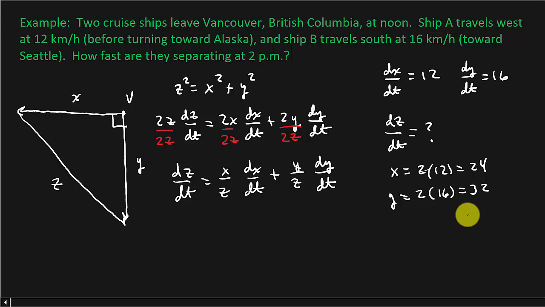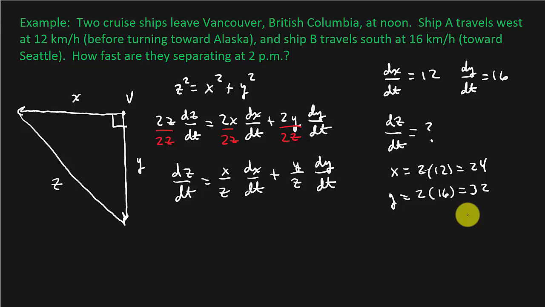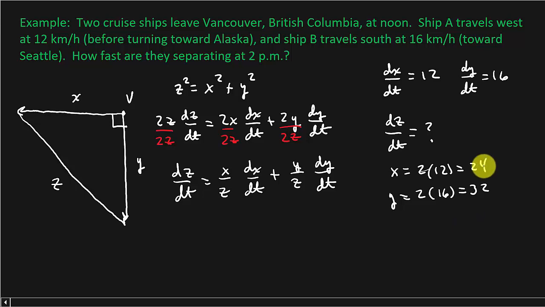Now, they don't give us anything for z, do they? They don't tell us how fast that distance is changing. That's actually what we're trying to find. But look at this. If we know x is 24, we know y is 32. This is a right triangle, so z squared is equal to 24 squared plus 32 squared.